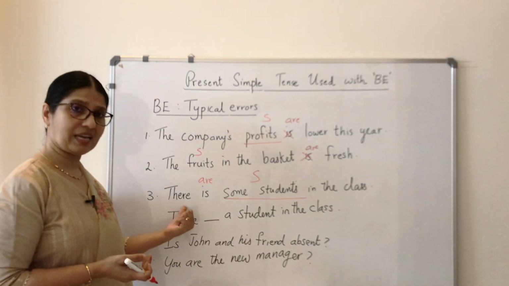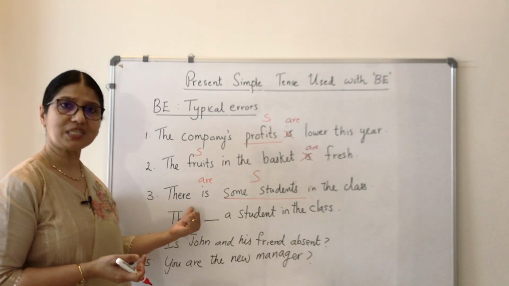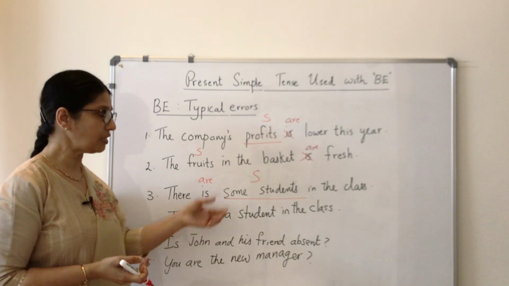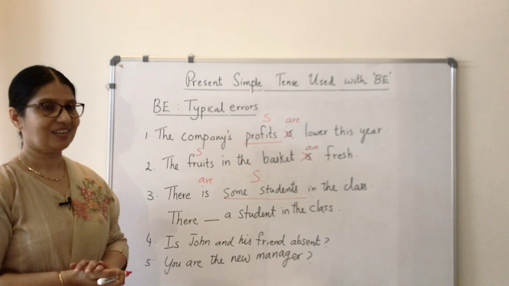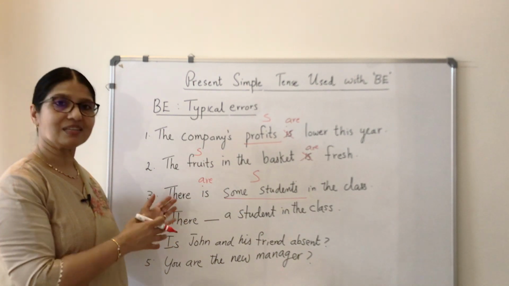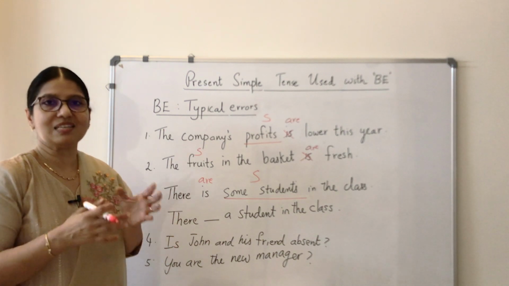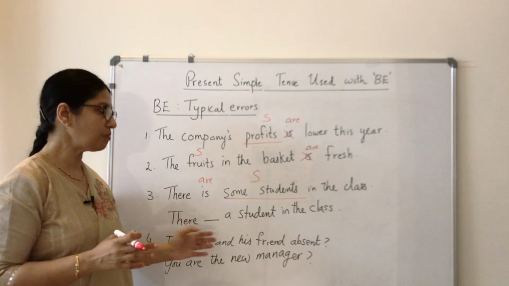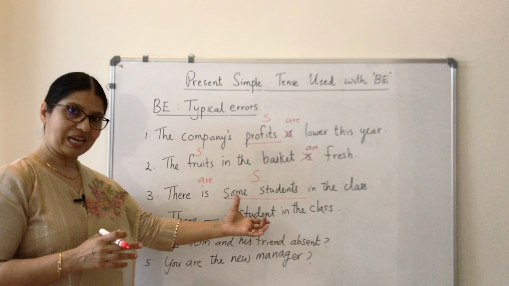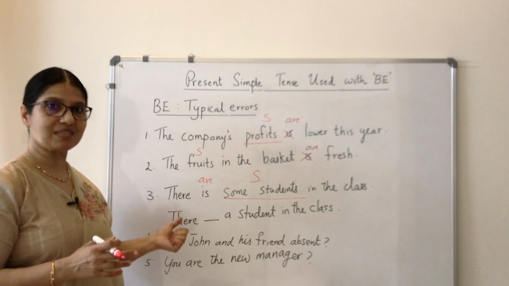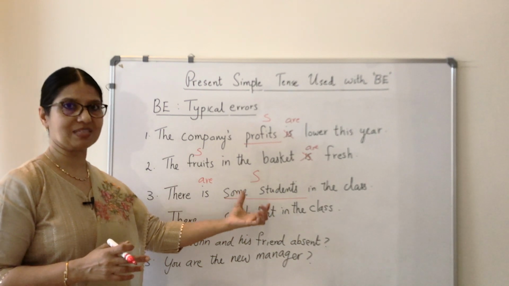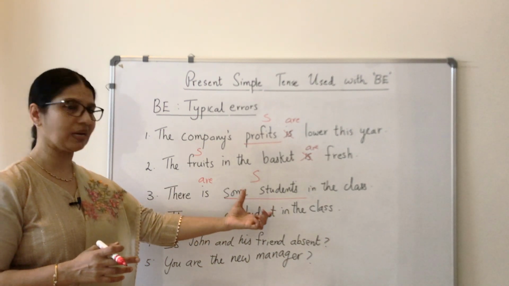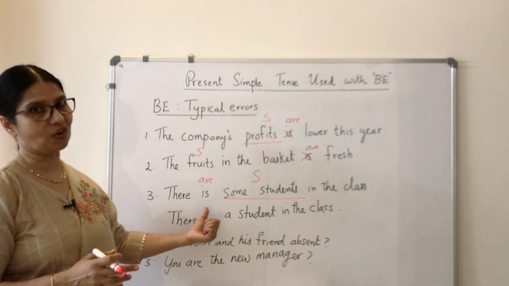You start with there, but is there the subject? And I told you that some students is the subject and it is lying in the middle of the sentence. That's because there here is an empty subject. It's a dummy subject because the real subject is some students. And when we begin a sentence with a dummy subject, we have to look at the number of the subject, whether it is singular or plural, and we use the verb accordingly.